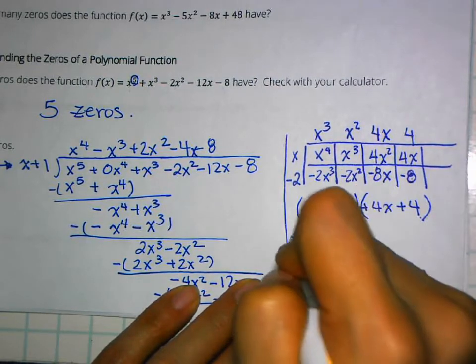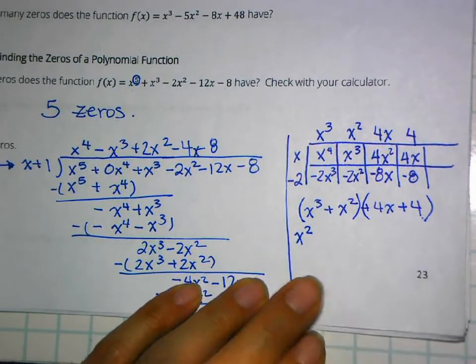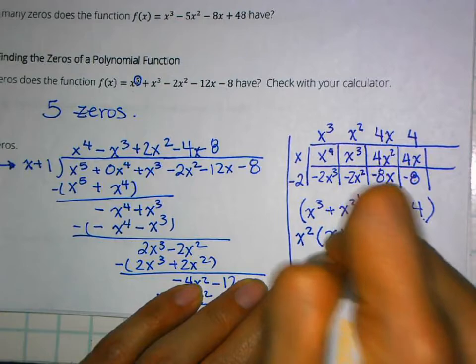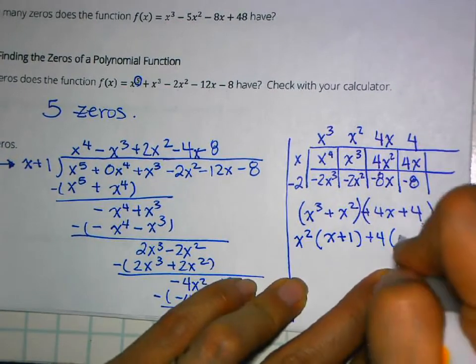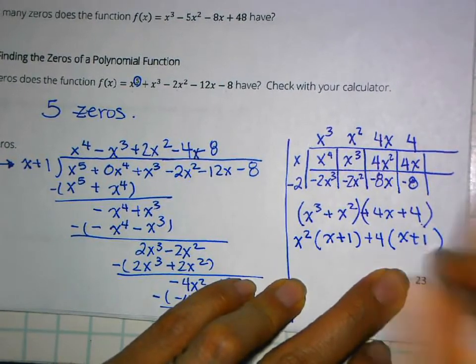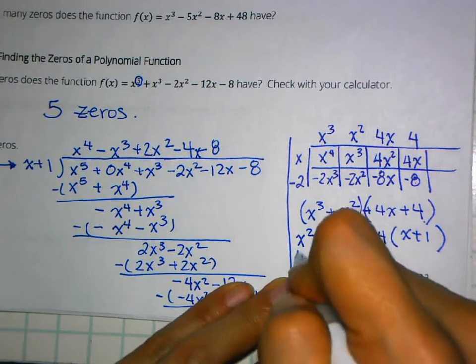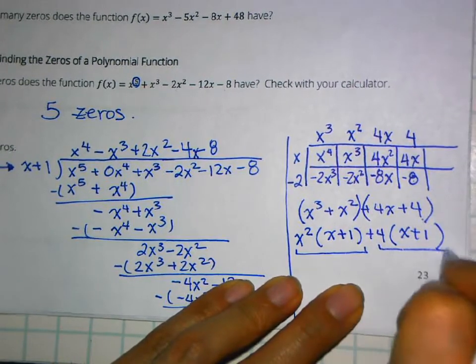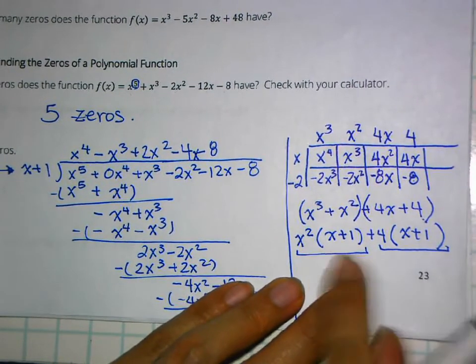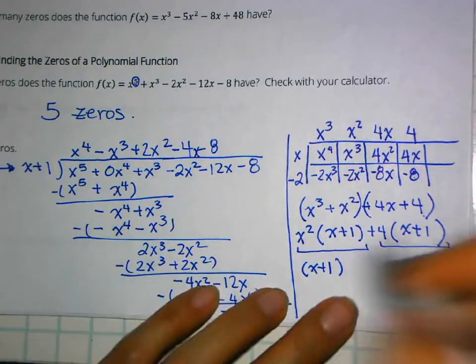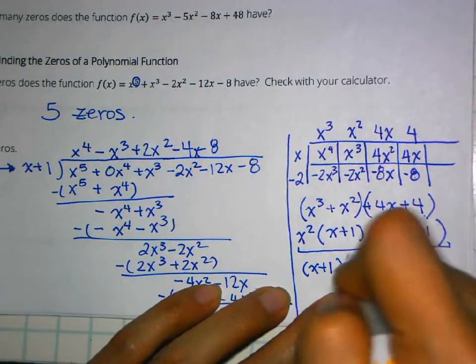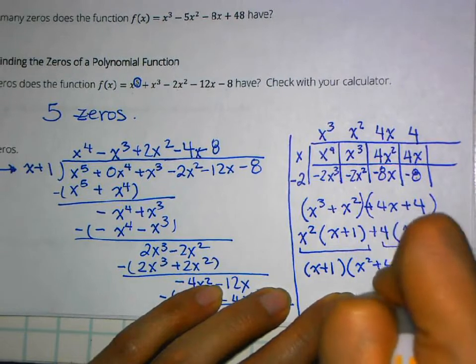So that's going to give me x squared on the outside, leaves me with x plus 1, plus 4 on the outside, leaves me with x plus 1. This is perfect because now if I look at these 2 terms, I have a common factor, which is x plus 1. Pull that out. x plus 1 times x squared plus 4.